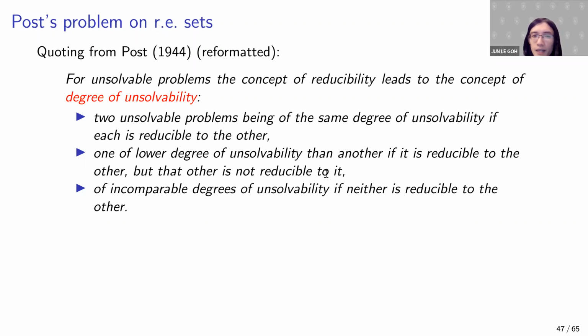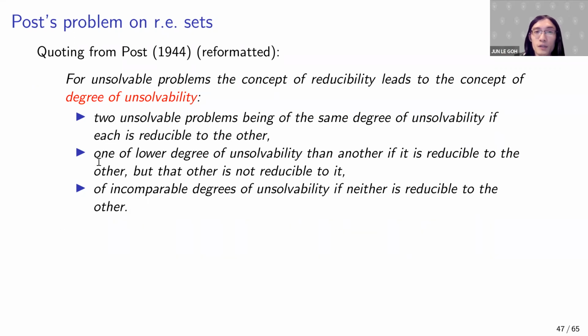Another thing might happen. It's possible that you have a problem which has lower degree of unsolvability than another. What that means is that maybe the first one is reducible to the second, but the second one is not reducible to the first. An example of this would be any computable problem, any problem which can be solved by some algorithm or recursive function.